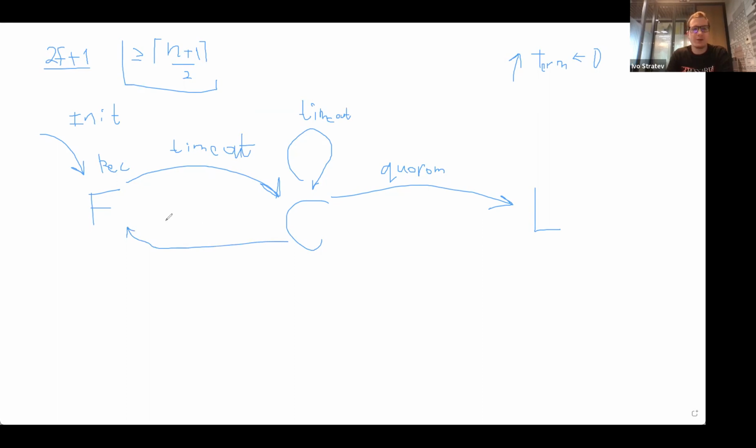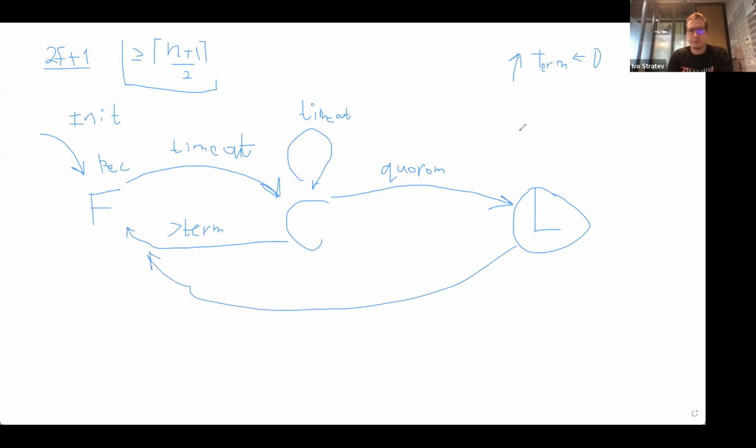So here we find out a bigger term, or we find out that someone else should have been a leader. Again, even if we are in the leader state, we still might end up in a situation where we receive a message with a higher term, in which case we're also going to transition back to the follower.